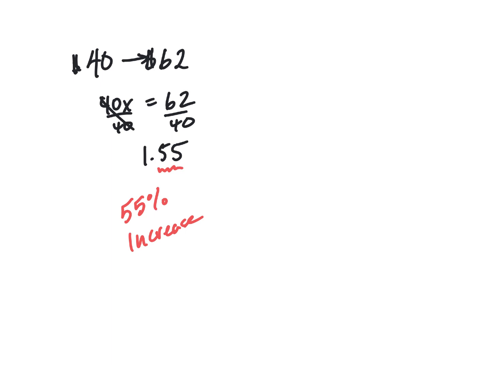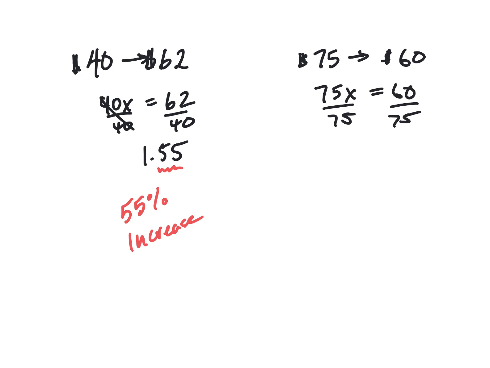Okay. Instead, let's say we had something that was 75 and it's discounted and now it's 60. So you say, well, 75 times what gives me 60? Divide both sides by 75. Do that on your calculator. We get 0.8.